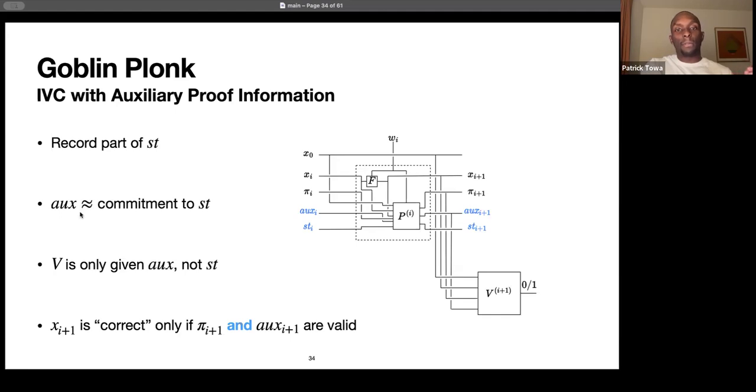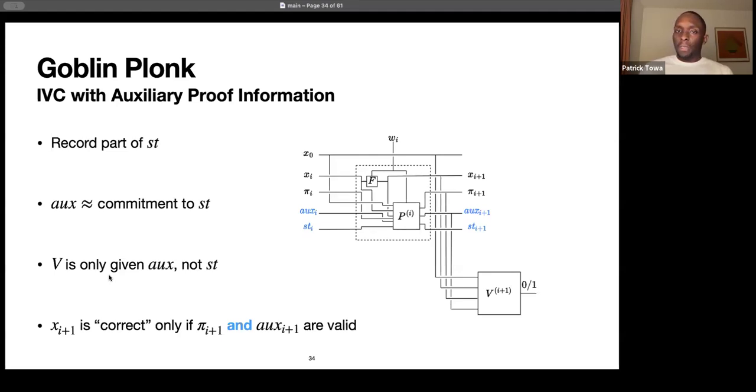And the verifier is only going to be given a short representation of this record, like an auxiliary input, a commitment to that. And like I said, eventually, outside of the scheme, there needs to be an extra mechanism to make sure that these operations that were recorded, and for which the verifier is given a commitment, are correct.